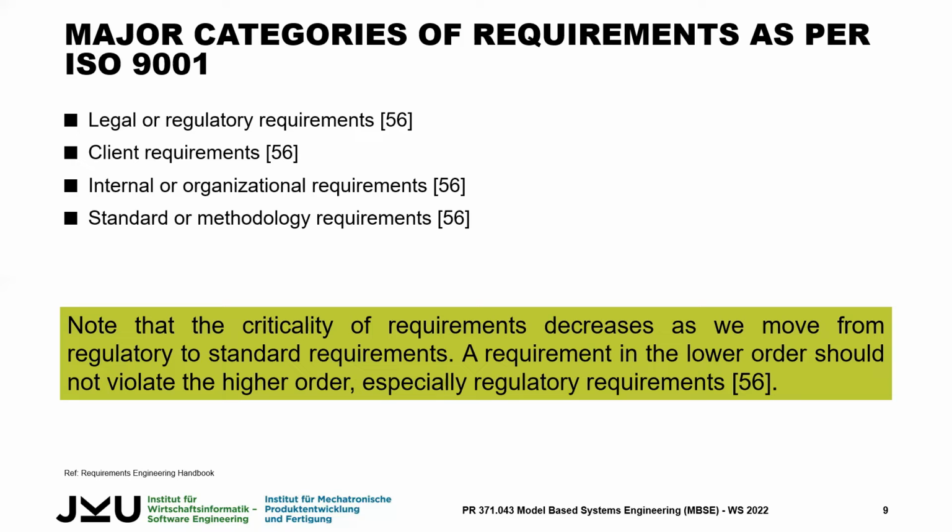But one important thing from the ISO 9001 is the criticality of requirements decreases as we move from the regulatory to the standard requirements. The requirements in the lower order should not violate the higher order, especially regulatory requirements.